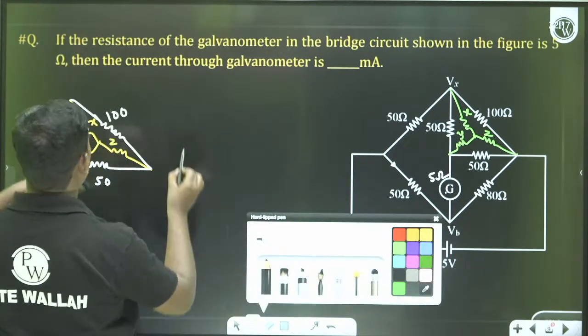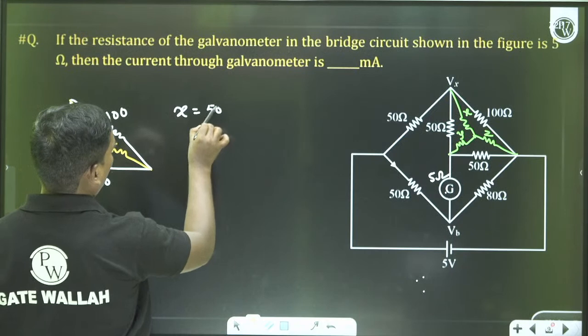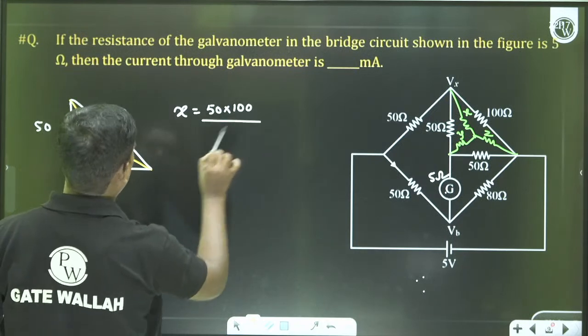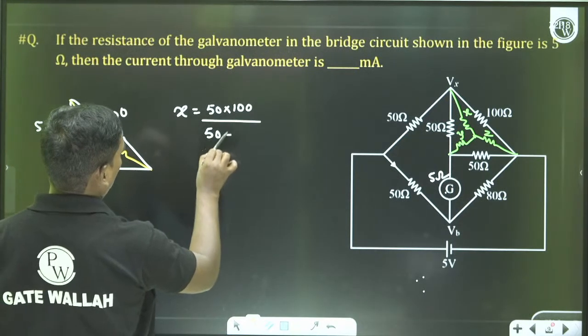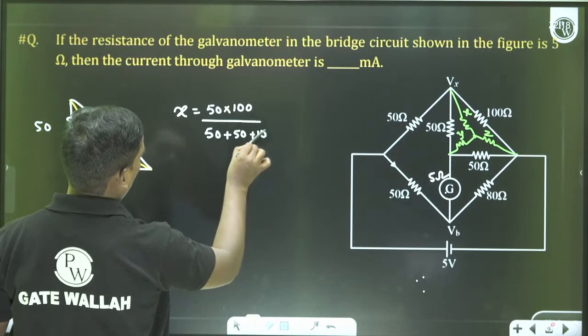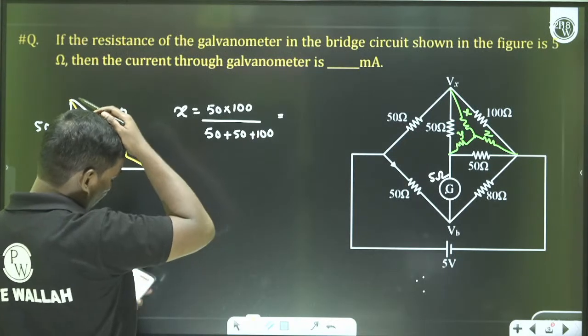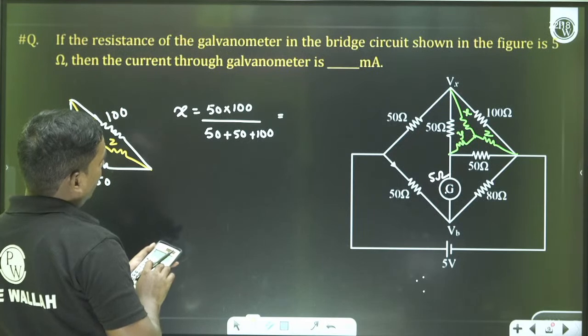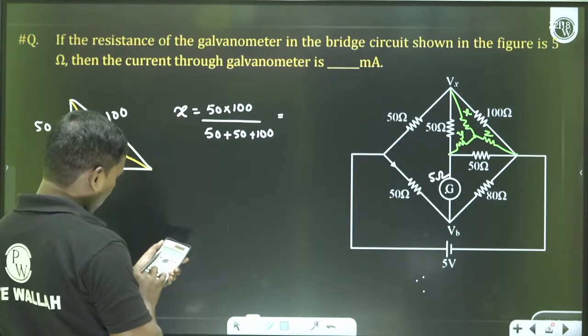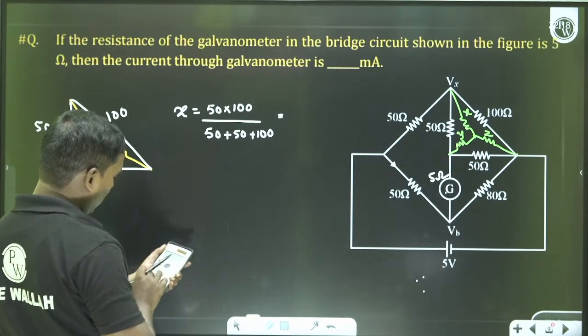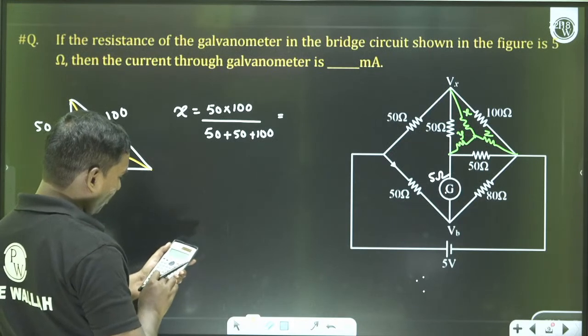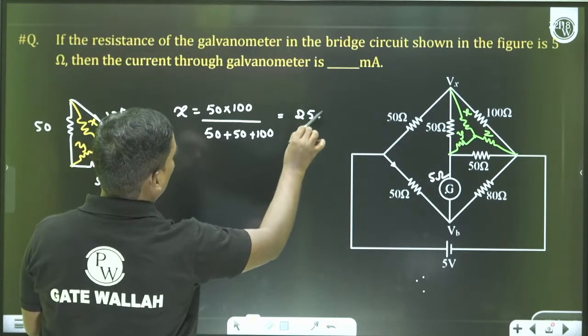Let me solve again. X is equal to 50 into 100 divided by 50 plus 50 plus 100. So this is 50 into 100 divided by 200, coming as 25 ohms.